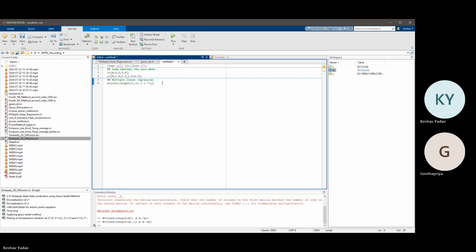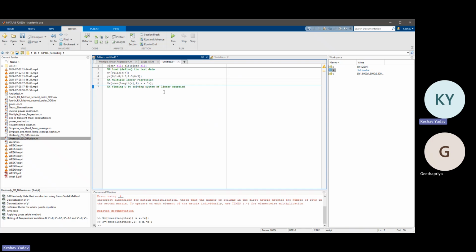What I need to do now? I need to find the W. How will we find out the W? By solving a system of linear equations.